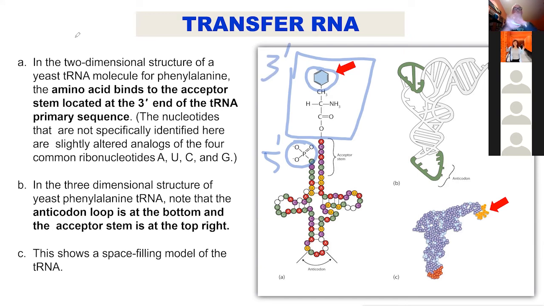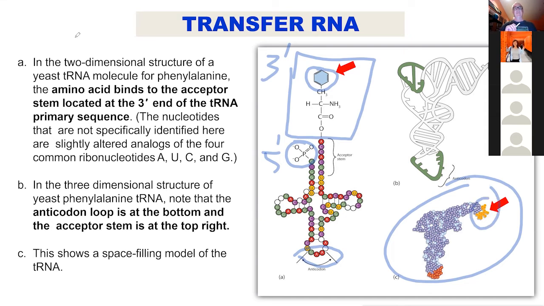And then it folds into a 3-dimensional shape that looks like this. You can see on one end of it, it has the anticodon. And on the other end, it has the amino acid that the particular sequence is identified with.